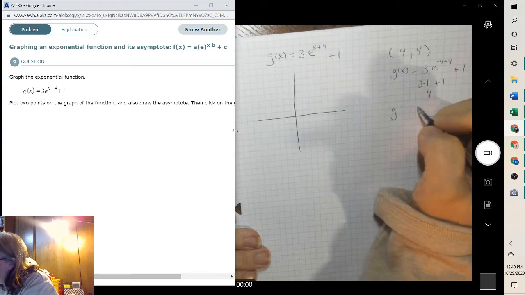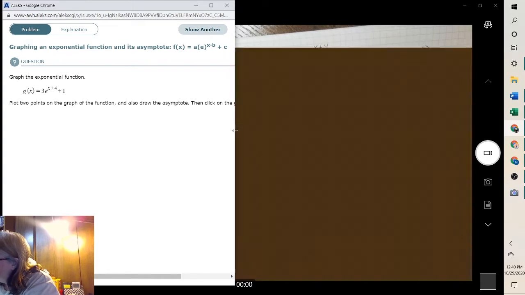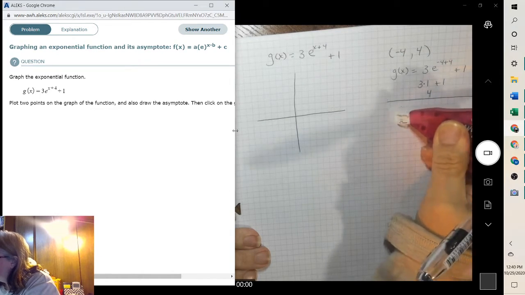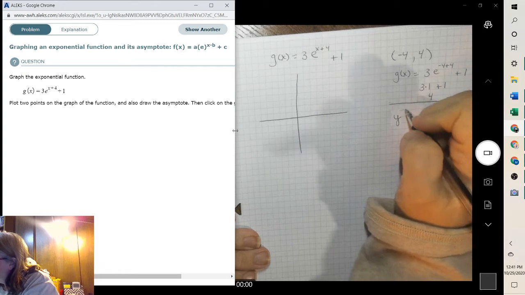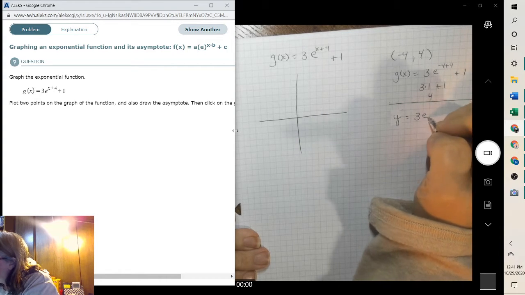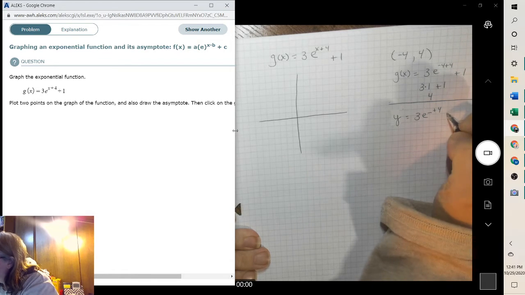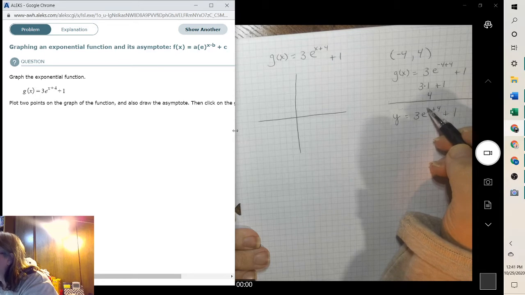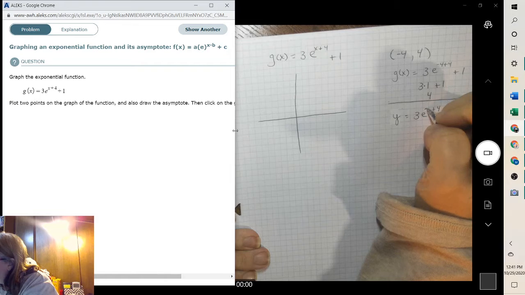Then we want to use a point that will get that to be a positive 1. So we want a number in here so that when we combine this, we get a positive 1. And that would be a -3.